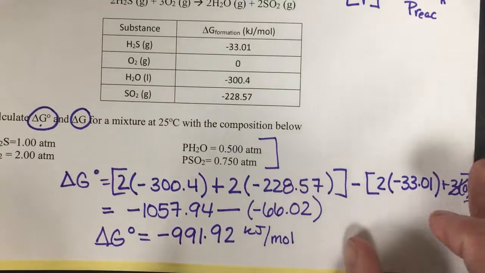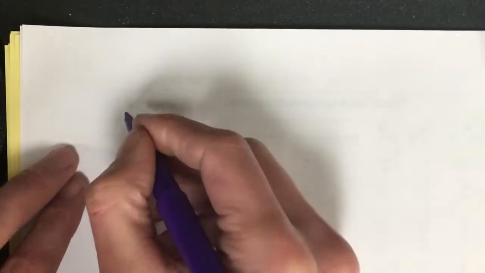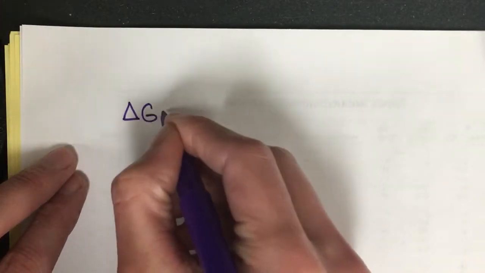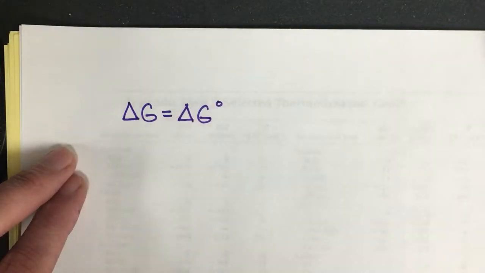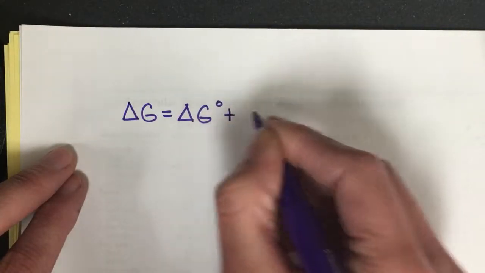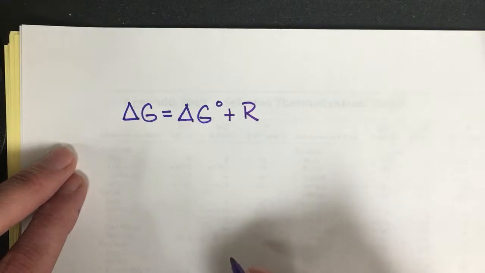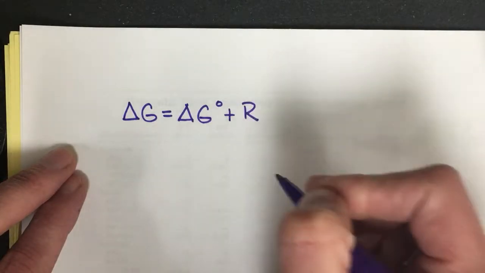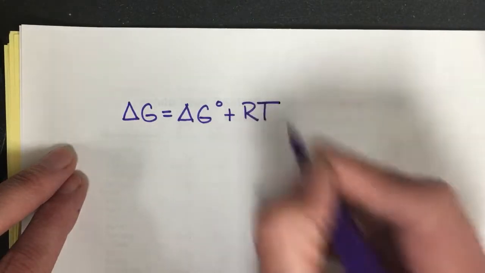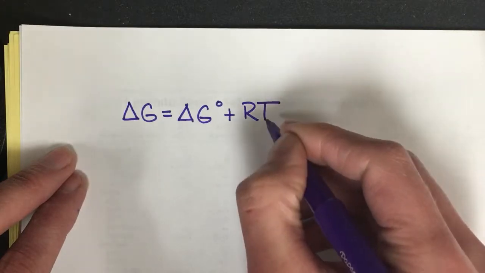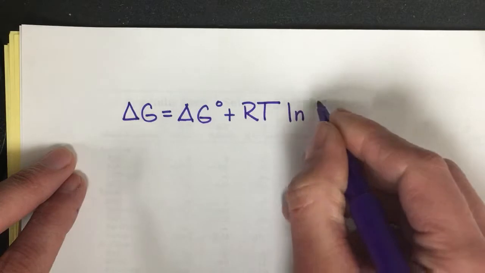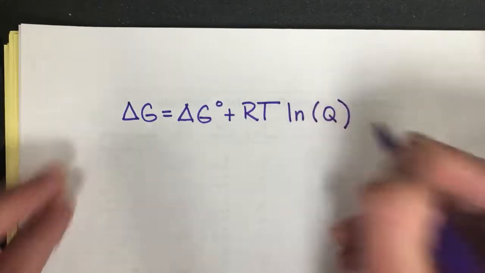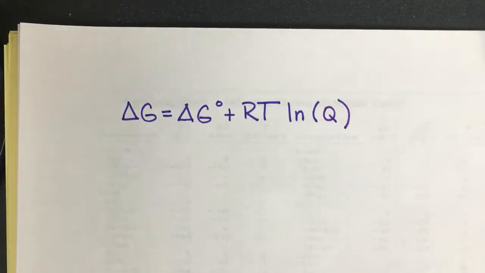What about non-standard? Okay? So I said delta G is equal to my standard delta G plus my ideal gas constant times the temperature, big T, Kelvin, times the natural log of Q. Okay?